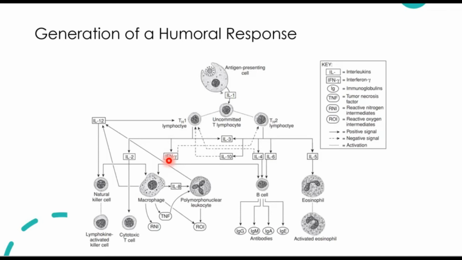Here you can see the lymphocyte, the immunoglobulin, the interleukin, the TNF or tumor necrosis factor, the Th1 helper, CD4 and CD8 that stimulate cell-mediated response, the Th2 helper that stimulates humoral response, and RNI, reactive nitrogen intermediates, and so on and so forth.